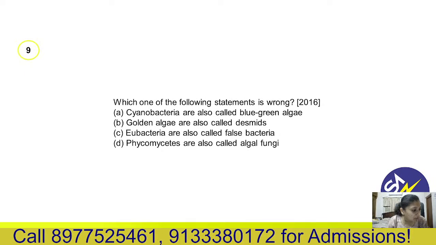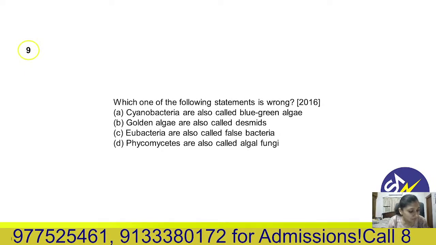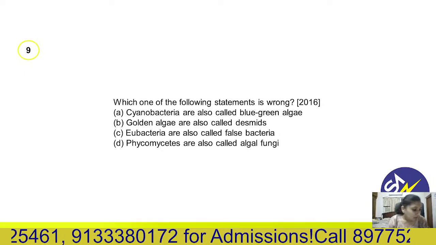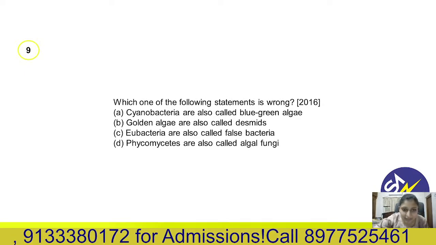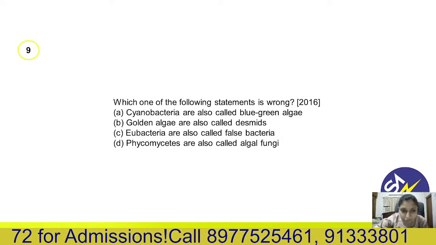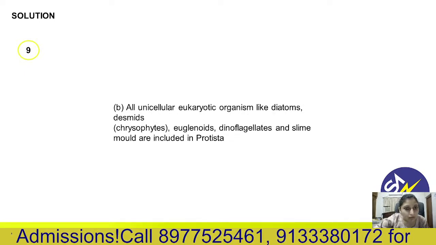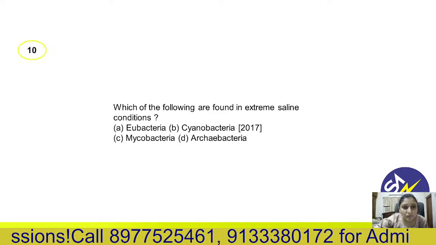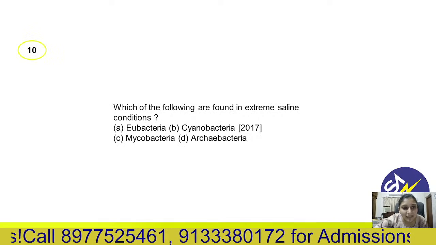Which of the following statements is wrong? Ninth question, come on, quick answers. Easy peasy, correct, 9C: eubacteria are also called false bacteria. No, they are true bacteria. Then, which of the following are found in extreme saline conditions?